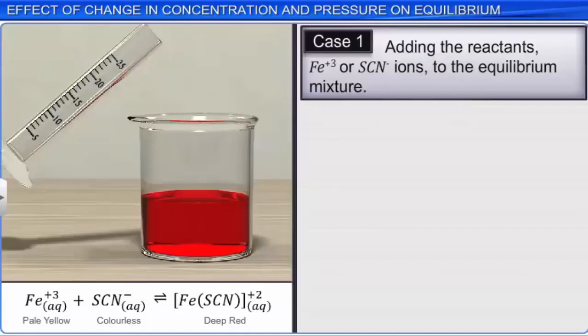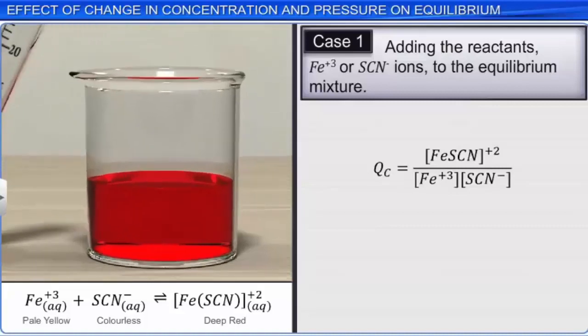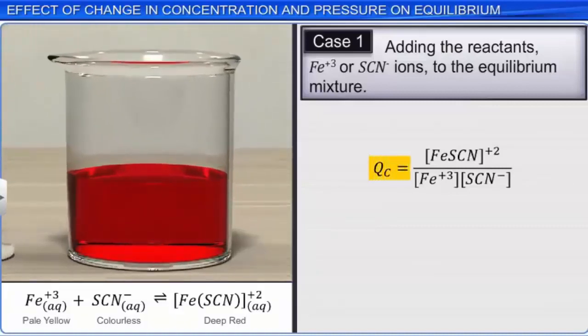The reaction quotient at this stage is given by Qc = [FeSCN2+] divided by the product of concentrations of Fe3+ and SCN- ions. On the addition of Fe3+ or SCN- ions to the equilibrium mixture, the denominator value in the expression for reaction quotient increases. This results in a decrease in the value of the reaction quotient. Now, the value of Qc becomes less than Kc.